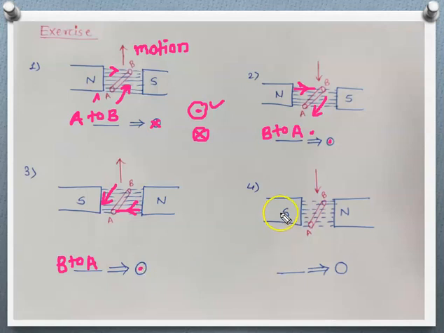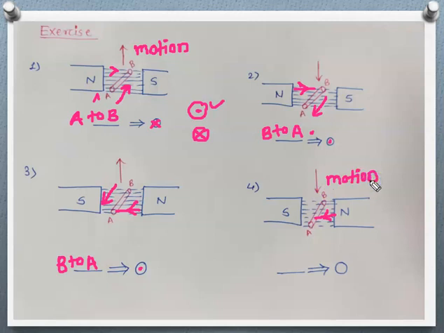Then the fourth case, this also has a south pole and a north pole. So this will be the direction of flux from north to south pole, and the motion of the conductor is downward. This is the downward motion. So the thumb will indicate downward.